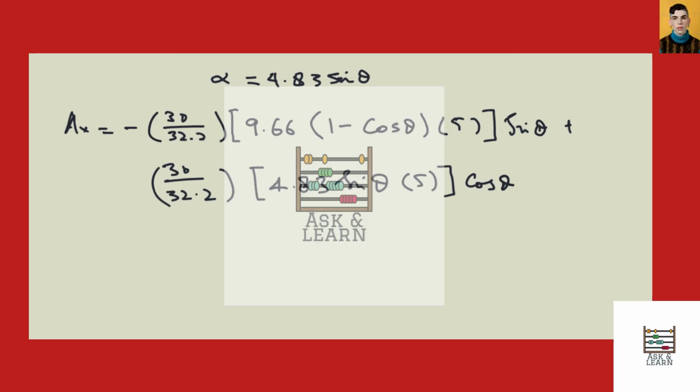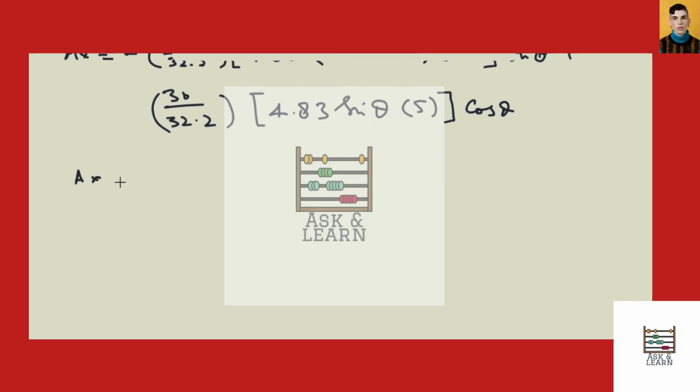So this is simplified as X is equal to minus 30 divided by 32.2 into 48.3 sine theta minus 48.3 sine theta cosine of theta, and minus 24.15 sine theta cosine theta, and here square brackets close.